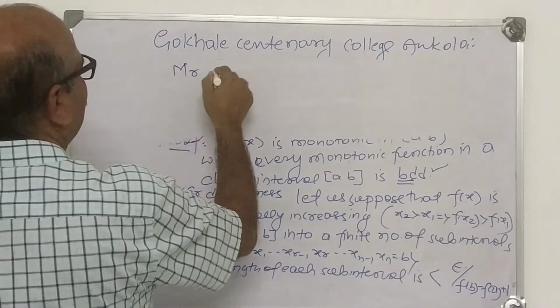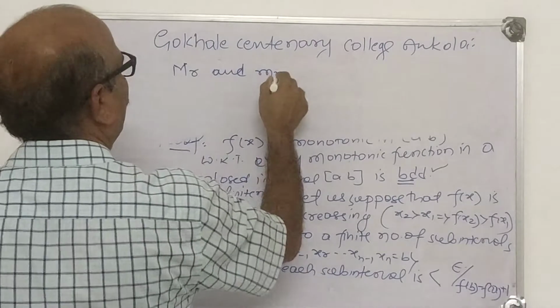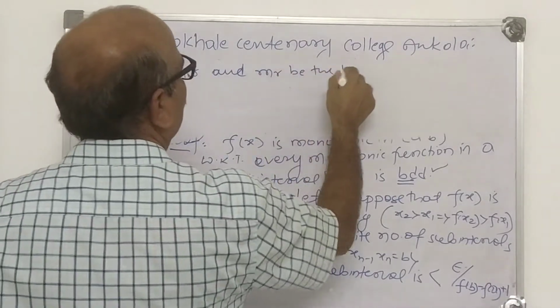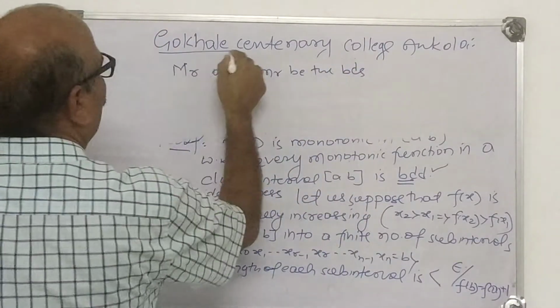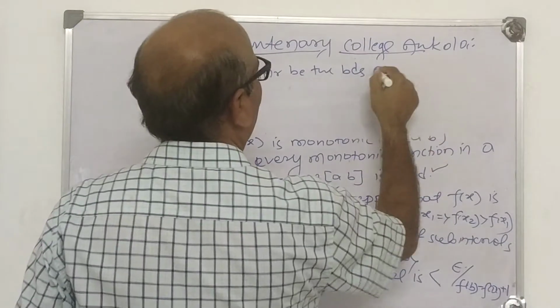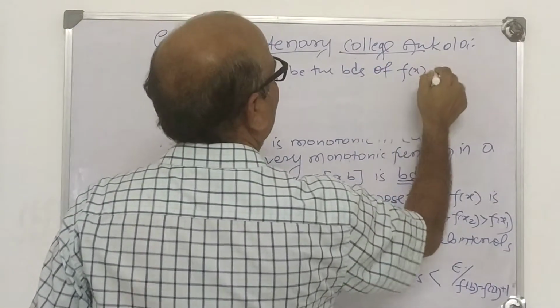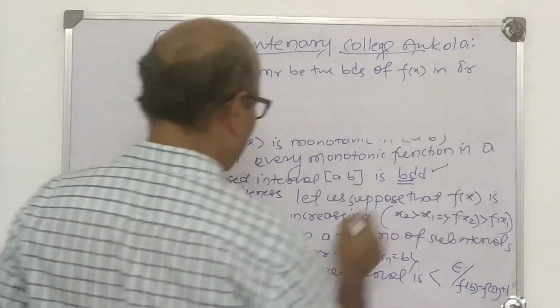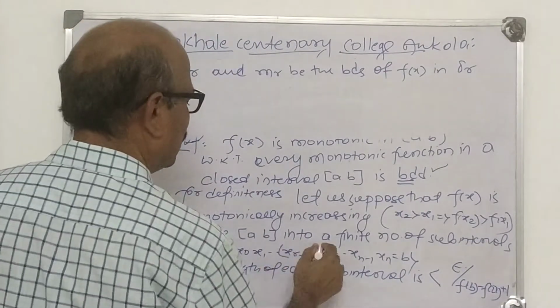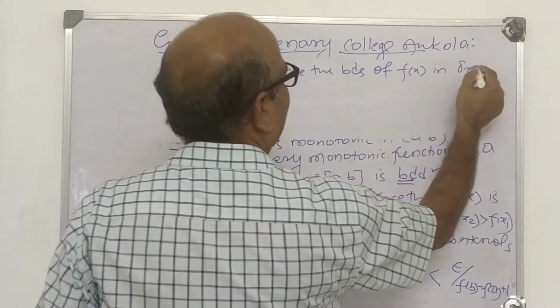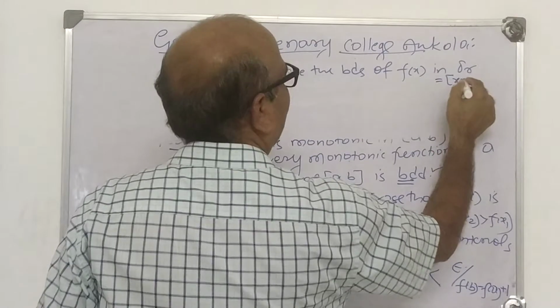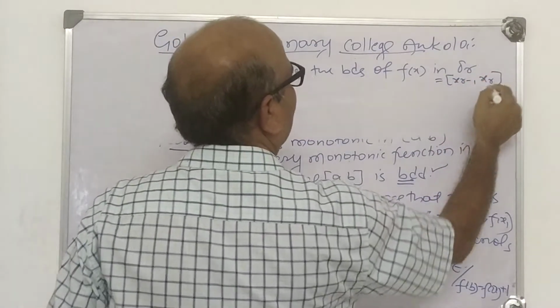Let Mr and mr be the bounds of f(x) in delta. You know what is delta? Delta means this interval, x(r-1) to xr.